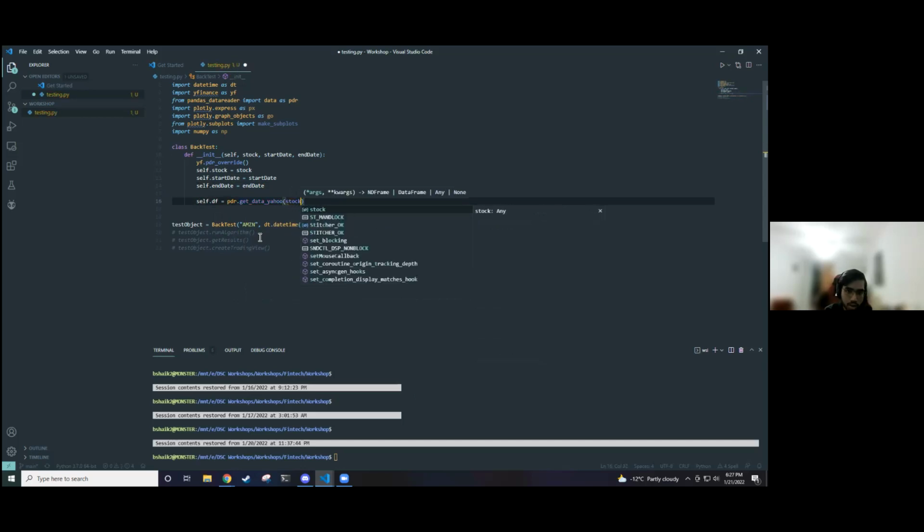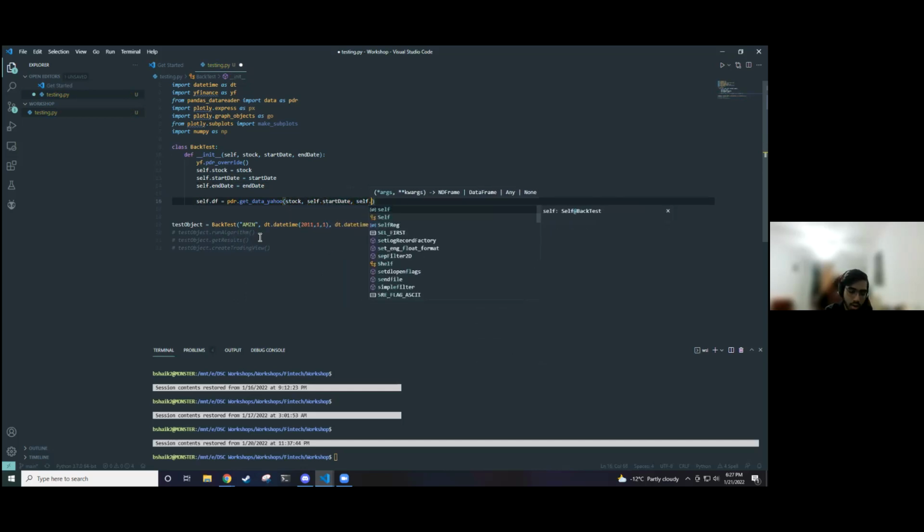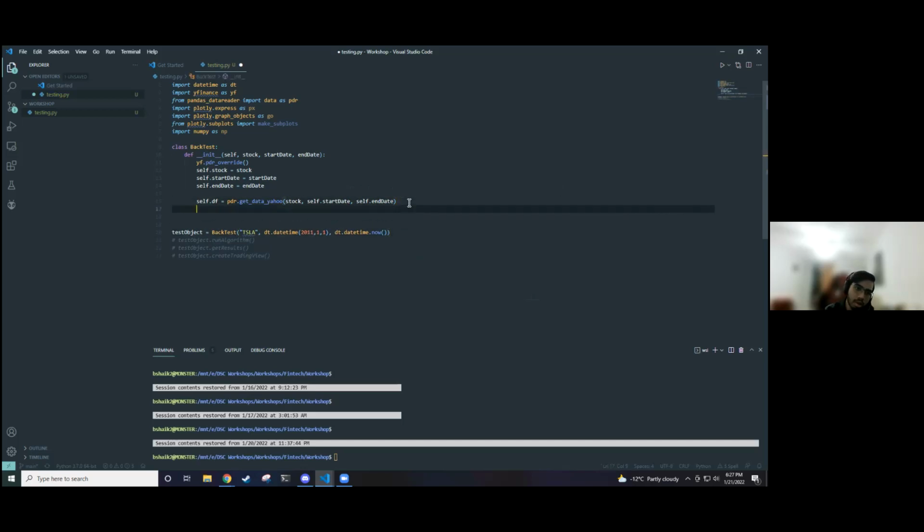And you need to do stock, self.start date and self.end date. And with that, you're able to get the data from Yahoo for whatever stock you want. Right here, it's written Amazon, but let's just make it Tesla for this demonstration.